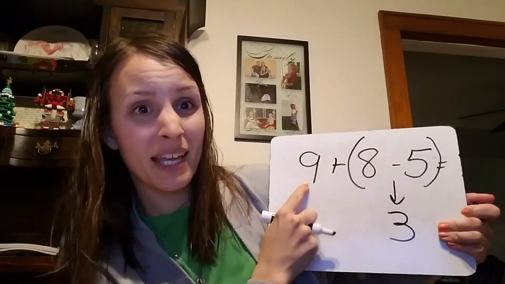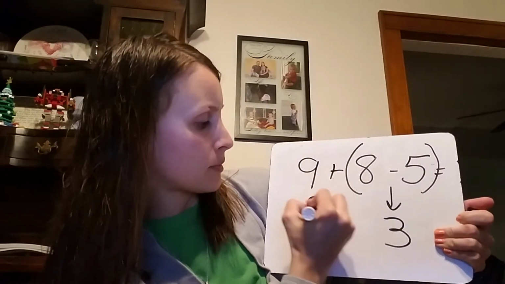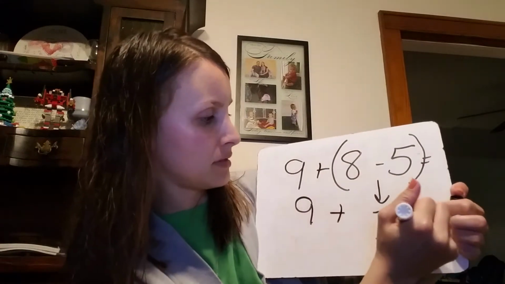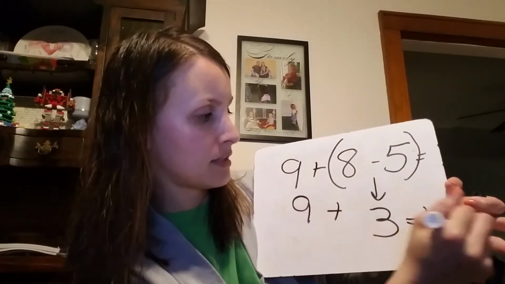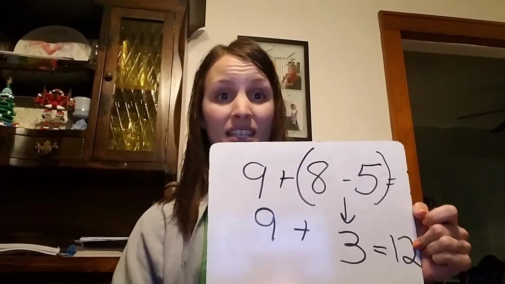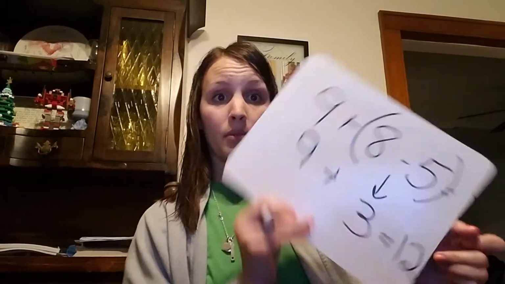I haven't used my 9 or my plus sign yet, so I'm going to bring those down also. 9 plus 3 equals, and I should get 12. Okay, my answer would not have been 12 if I did a different math problem first. So I have to make sure I do my parentheses first. If you do your parentheses first, everything else should work out pretty well.